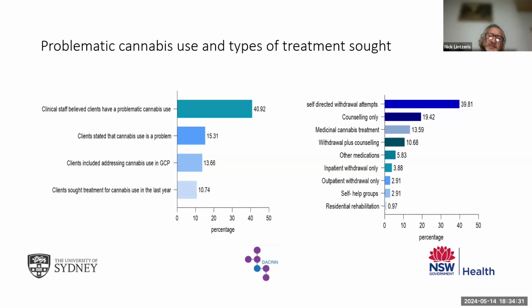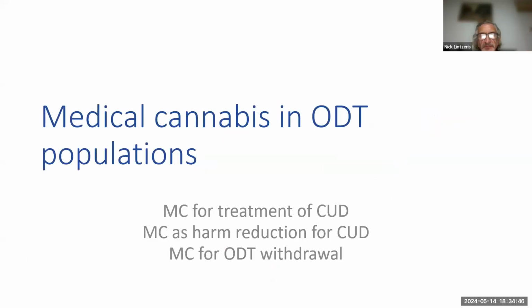But almost 1 in 6 patients prescribed methadone or buprenorphine, our staff thought were accessing medicinal cannabis. Sorry, I'm going to move those on. So let's look at the role of medicinal cannabis in opiate dependence populations.